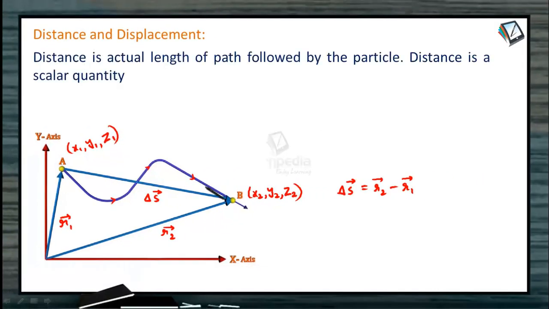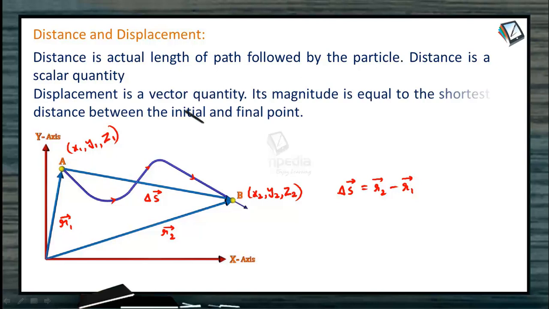So here the distance is the actual length of the path followed by the particle, and it's a scalar quantity, and units of measurement are meters, etc., that you already know. So distance is the actual length of the path and a scalar quantity. There is no sense of direction, but displacement is a vector quantity, and its magnitude is the shortest distance between the initial and the final point.